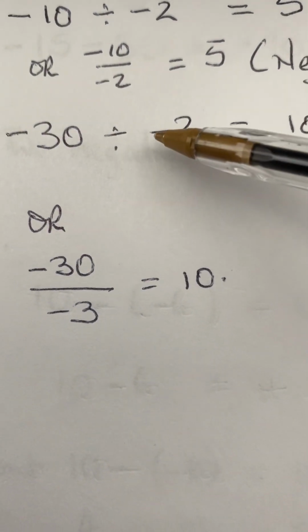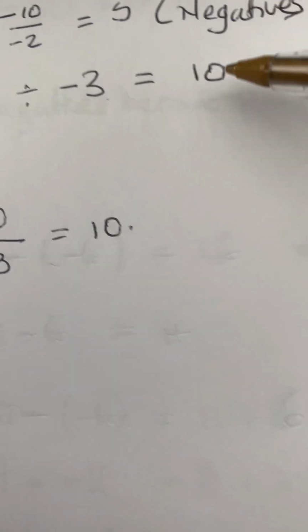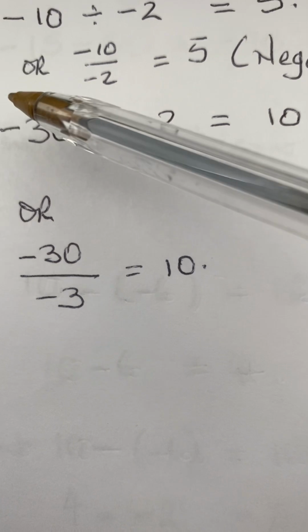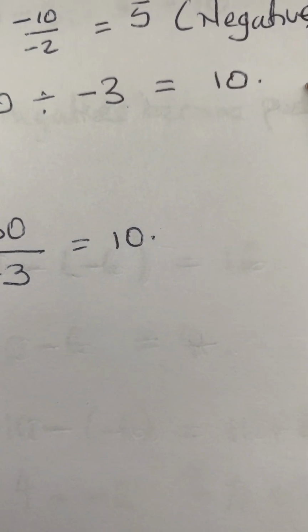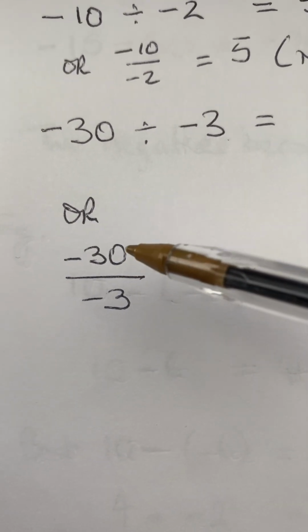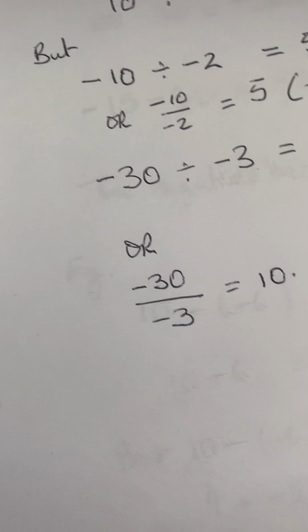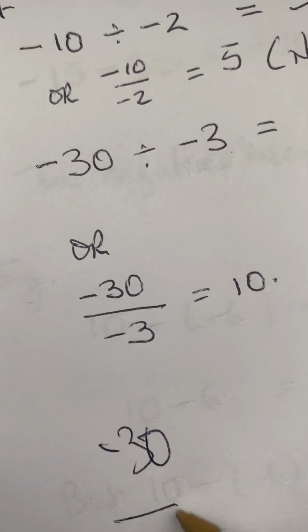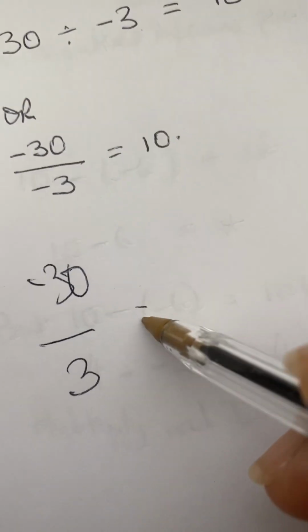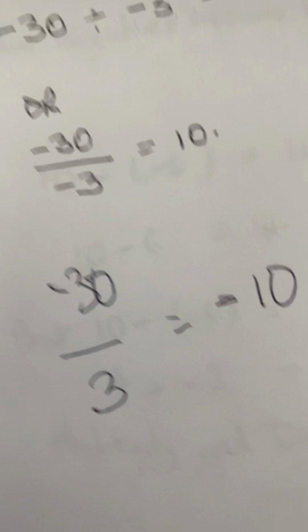Minus 30 divided by minus 3, same here. The negatives will cancel out, so you have 10. But assuming you had minus 30 over 3, then your answer will be minus 10.